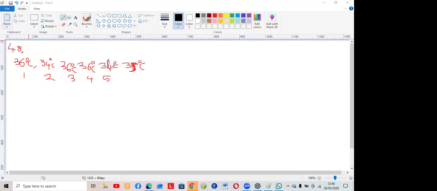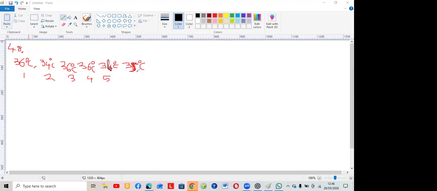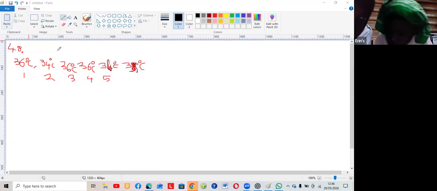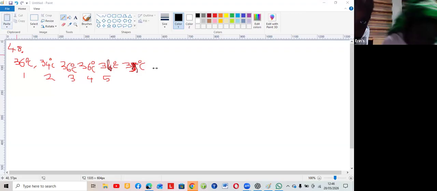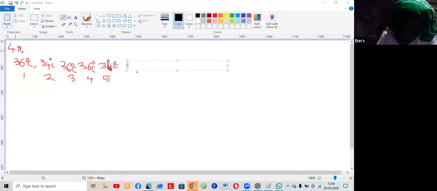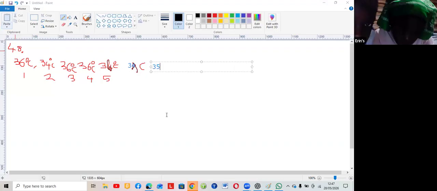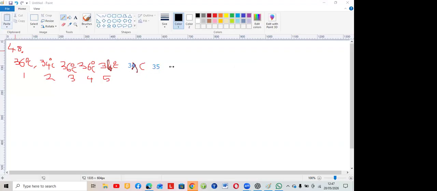Then the second to the last is what? 36. 34 degrees Celsius. And then finally 35. Okay, I get it now. So there are 7 altogether.